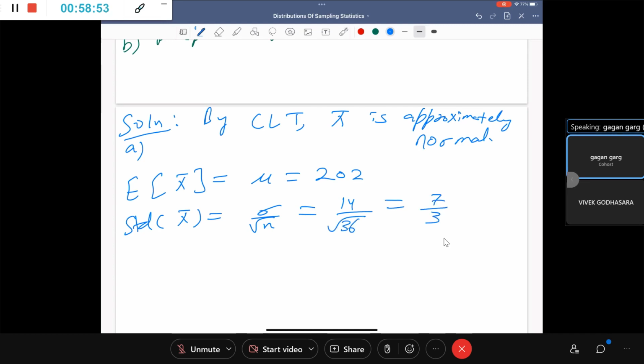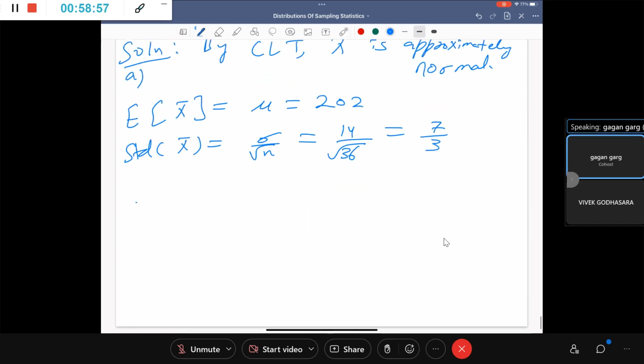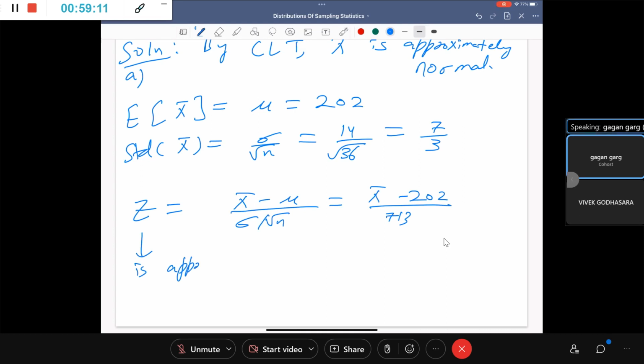This is what we know. Okay, so then we take Z equal to (x bar minus 202) by (7 by 3). So this is approximately standard normal distribution.